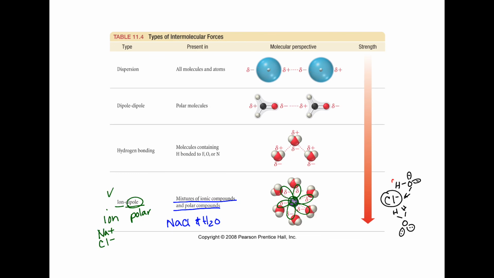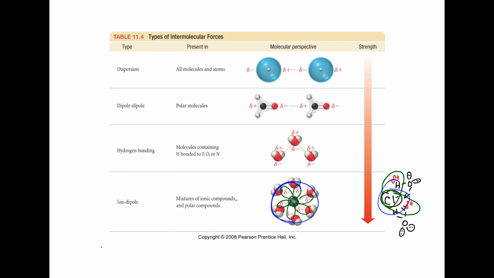So this is the positive side of water, this is the positive side of water, and our chloride ion would be attracted to every positive hydrogen on the outside. Now because there's so many of these interactions going on, ion dipole forces are the strongest out of our intermolecular forces. So they are the strongest.